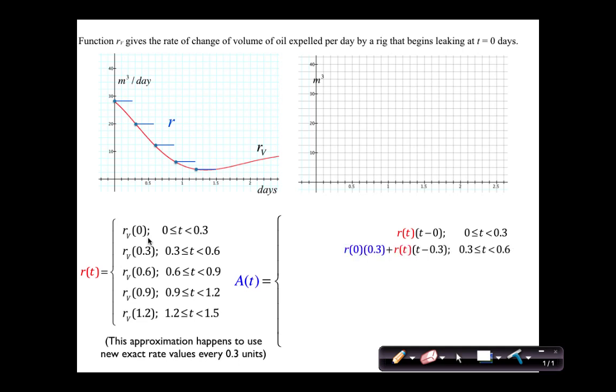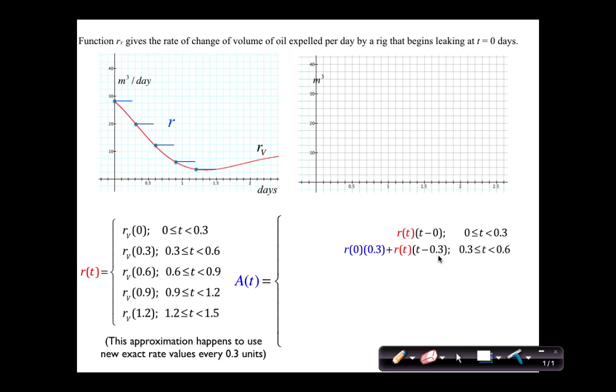So that r of 0 times 0.3, what was the number we had, 8.4, plus r of t here times t minus 0.3. Now I did want to point out one thing here. Actually, two things I want to point out. I've got r of 0 and r of t written here.